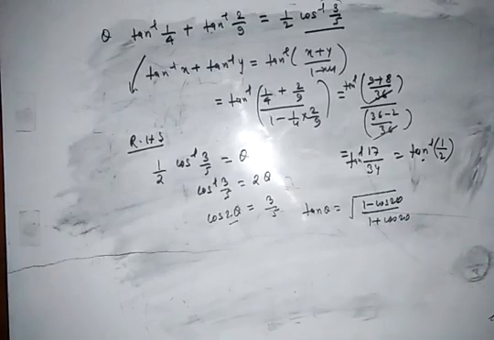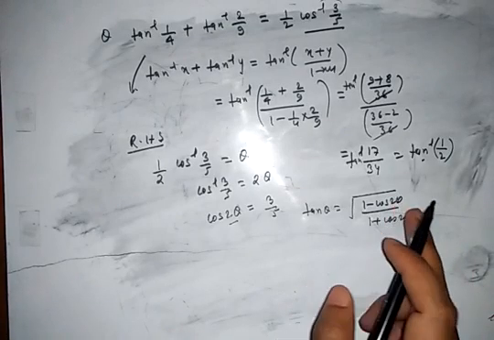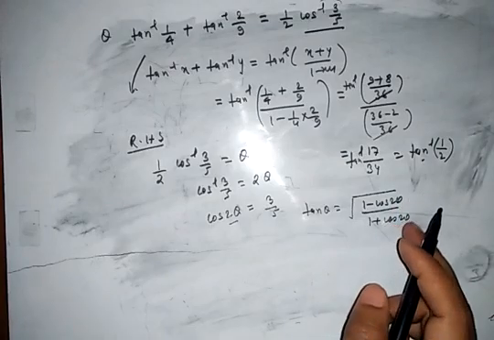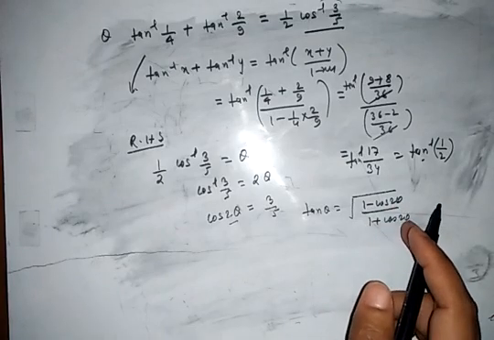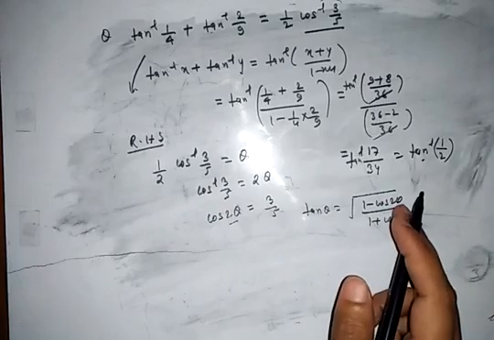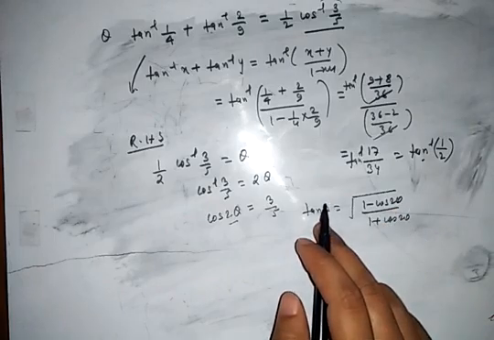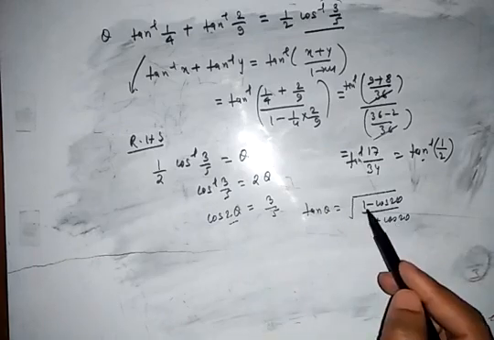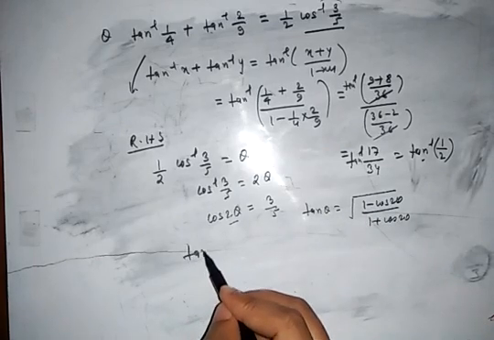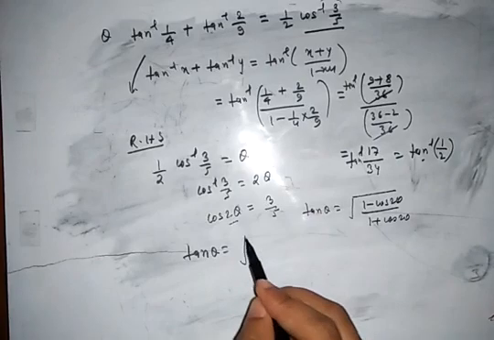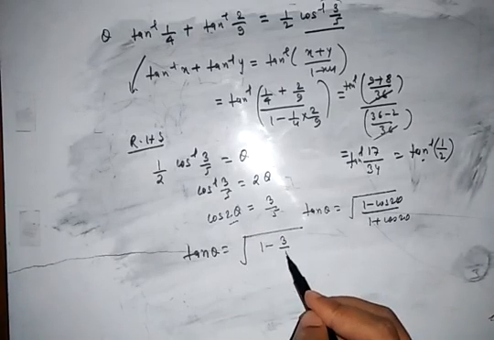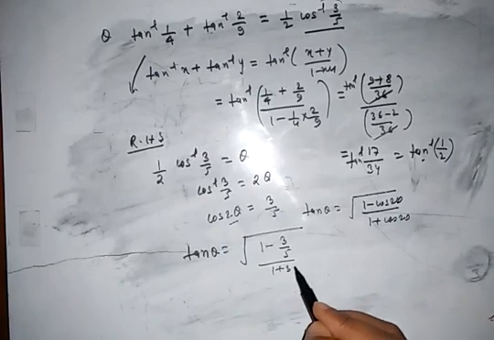So we know that the numerator becomes twice sine square theta, and the denominator twice cos square theta. Twice cancels, sine square by cos square is tan square theta, so we get tan theta. So how can we find tan theta? Putting the value, 1 minus 3 by 5 by 1 plus 3 by 5. Simple.